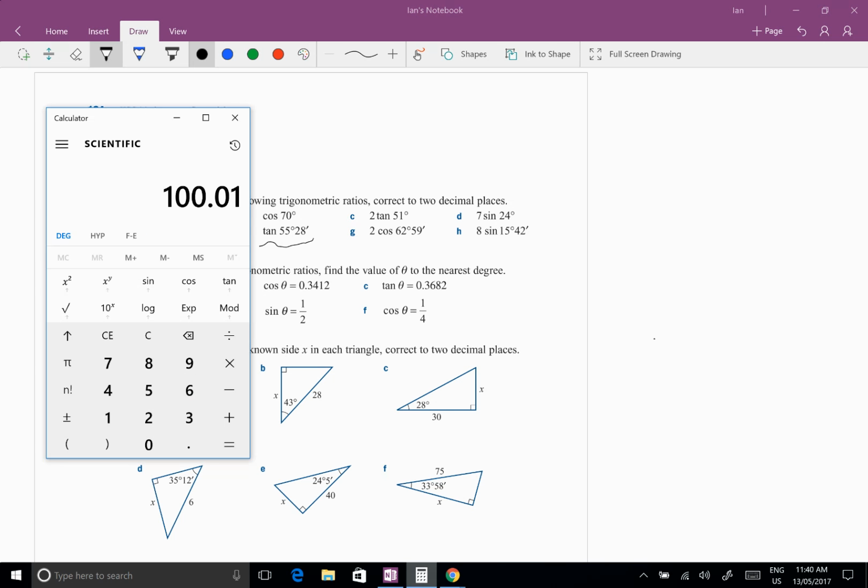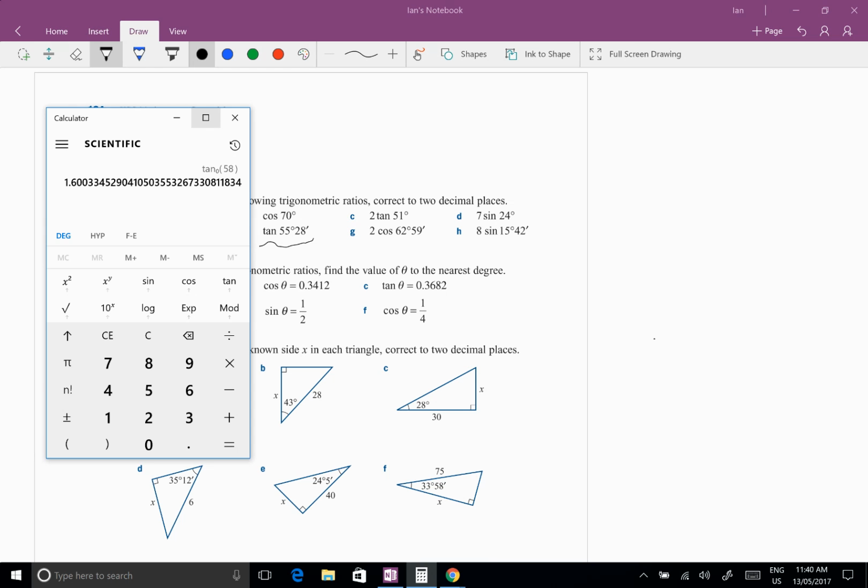If I pull up my scientific calculator here and go tan 58, I get a number of 1.6.